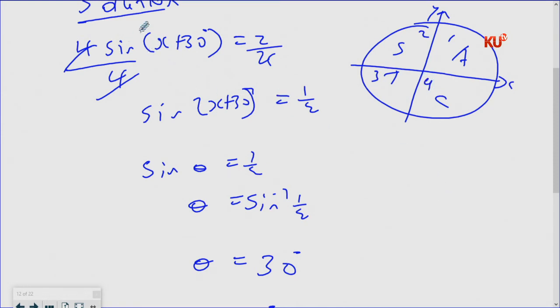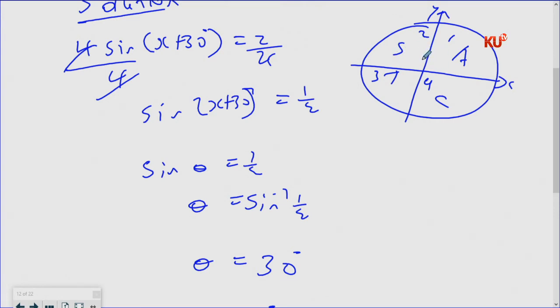We are dealing with sine in this question. So ask yourself, where will you get sines of angles that will give us positive values, like our 2 over 4? 2 over 4, if you simplify, you get 1 over 2. 1 over 2 is a positive value. That's why we have to focus on positive values here.